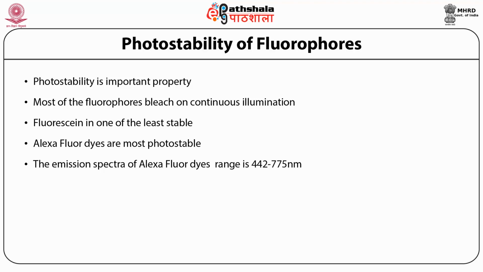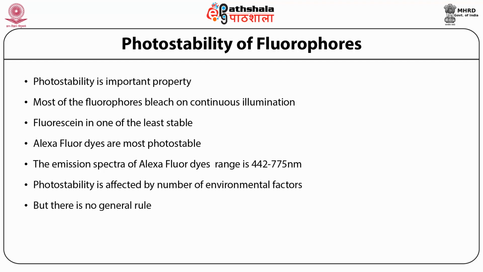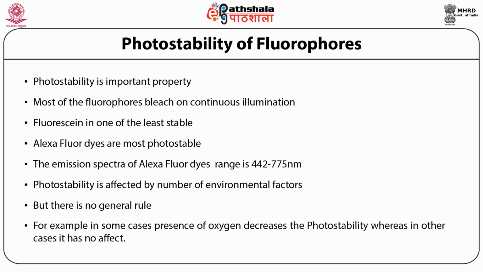In addition to the intrinsic property of the fluorophore, photostability is affected by a number of other factors, the external factors, or you can say environmental factors. But there is no general rule. For example, some fluorophores lose fluorescence due to the presence of oxygen and photostability decreases, whereas in other cases there is no effect of the presence of oxygen.